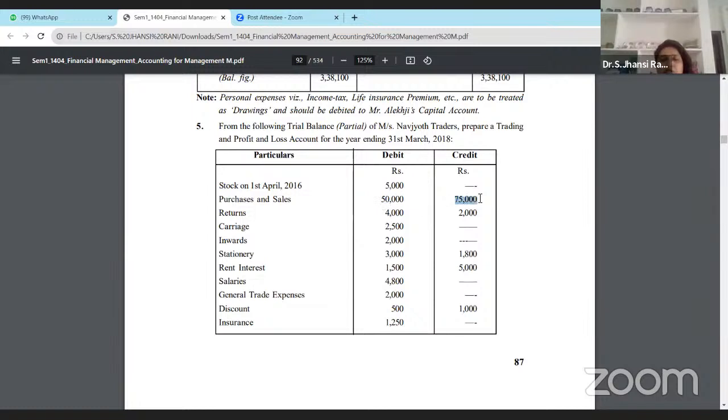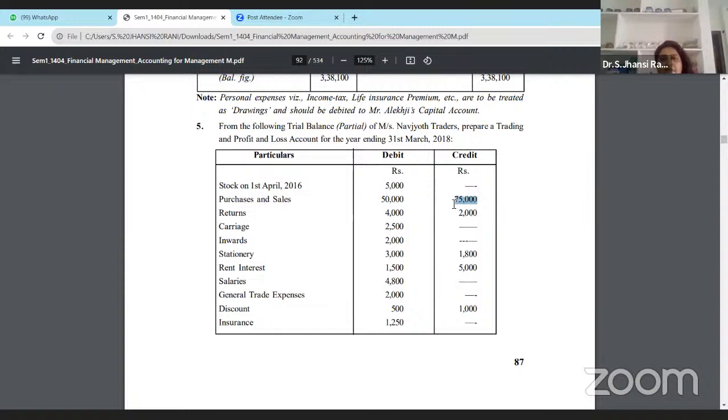Now the credit column is sales. How can we find out? Credit what goes out as per the real account. Whenever we are selling goods, goods are going out of the business, so as per the real account it should be credited. That is the reason the sales amount is credited.